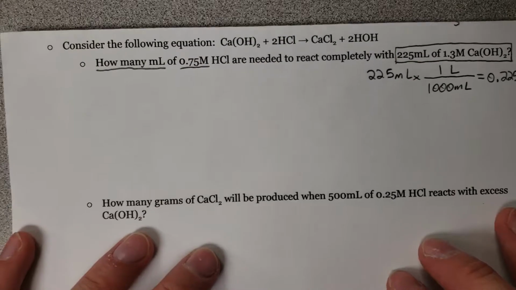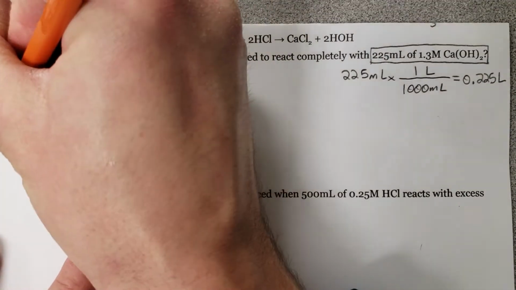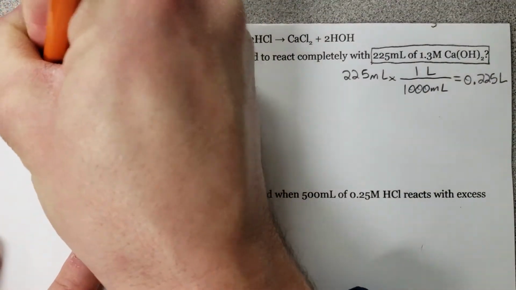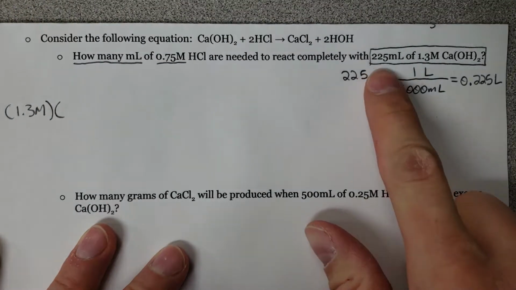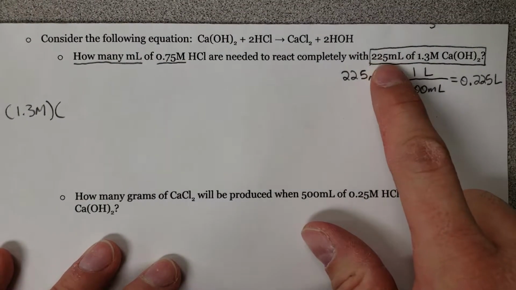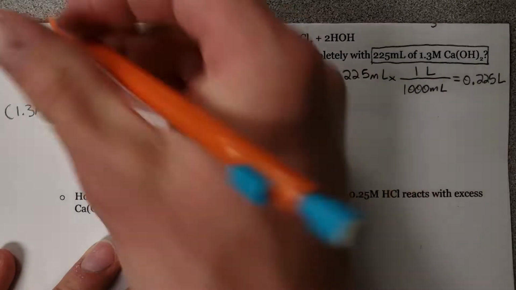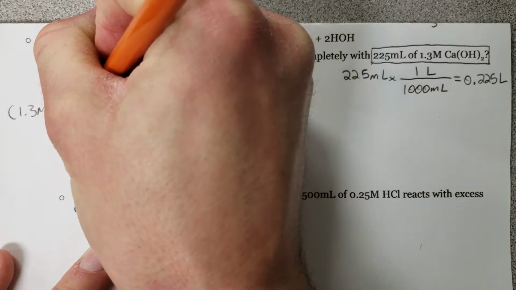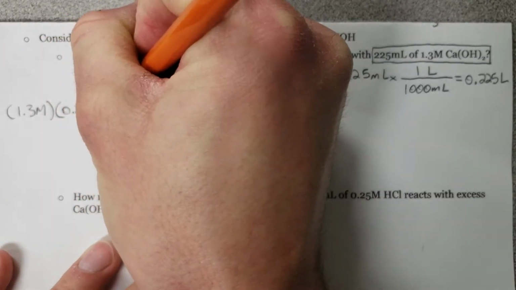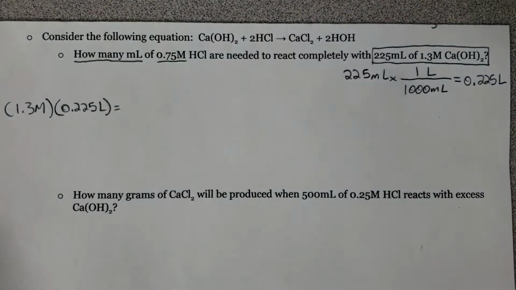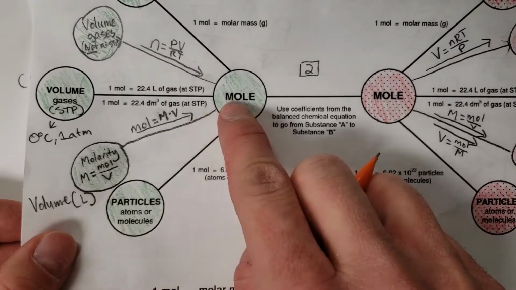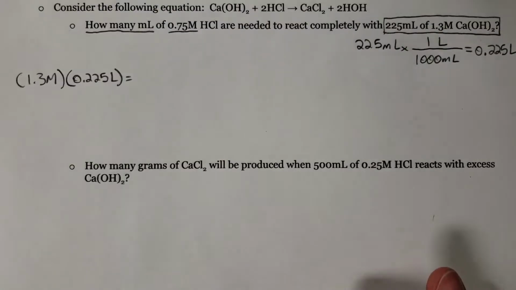So we've got 1.3 molar of CaOH2, and 225 milliliters, which again was 0.225 liters. If we plug that in, that's going to give us moles, so we're ending at moles there.